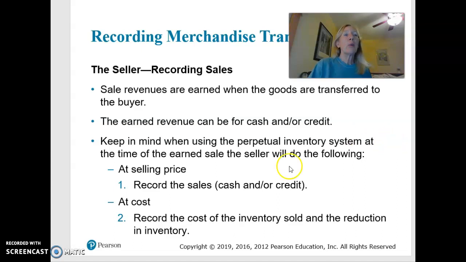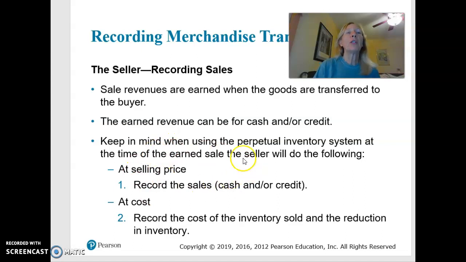Okay, so now we're going to do what your homework shows, which is how you're going to record sales revenues. So remember that there's going to be a total of 4 entries, 2 transactions, 2 debits, 2 credits. So 4 total entries.